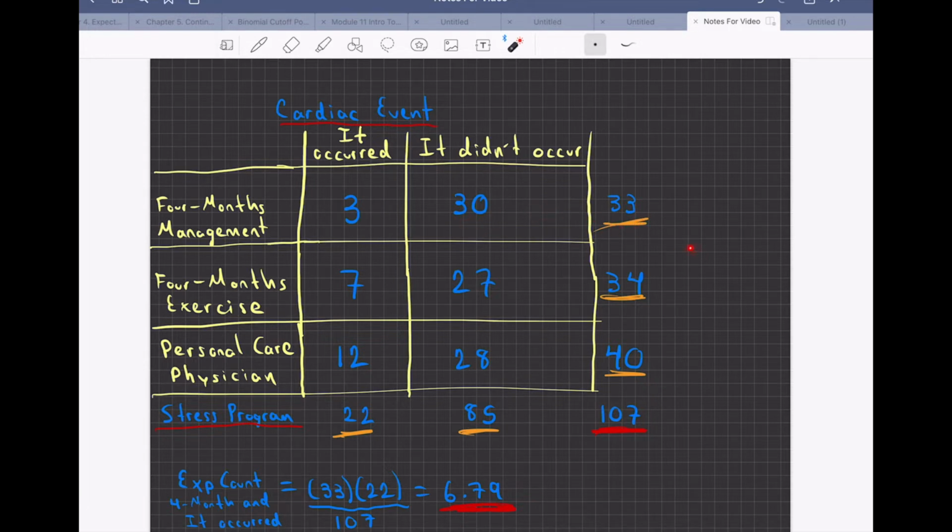Multiply the total row, total column, and divide by the grand total. This is how you're going to compute the expected count if you are going to do this by hand. But fortunately, we don't have to do it by hand, because we have Minitab. So how to do this in Minitab? I will explain how to do it.